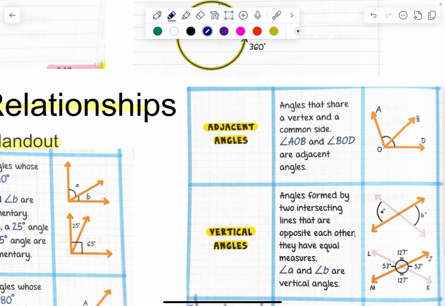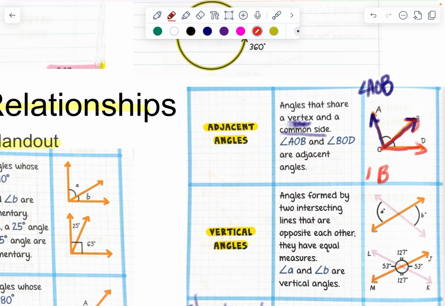Adjacent angles, I wanted you to just have a visual here. They share a vertex and a common side. So if you see here, if we look at this and we name these 2 angles, we have angle AOB. And down here we have angle BOD.